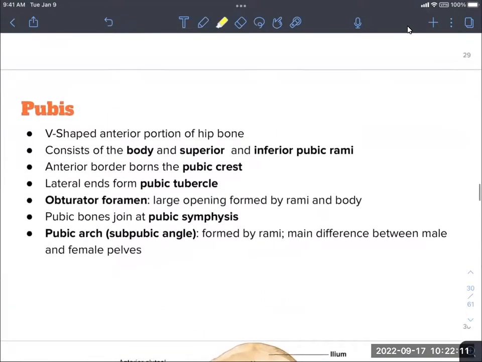In our pubis, or pubic bone, we have the obturator foramen, which is the largest foramen in the body. I showed you the pubic symphysis.